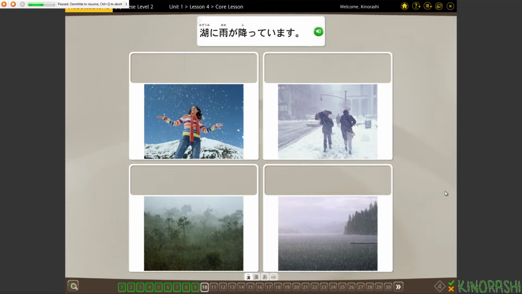湖に雨が降っています。湖. Now this looks like the symbol for Furoi, I think that was. Let me go look it up.